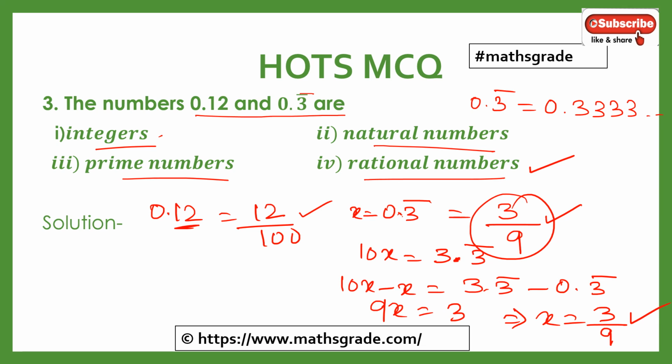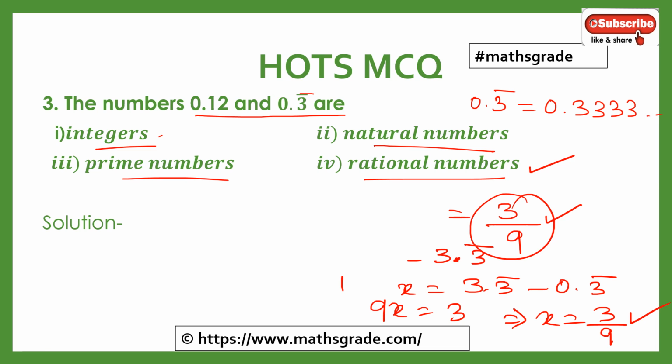They are not natural numbers either, and they are not prime numbers. So 0.12 and 0.3 bar are rational numbers. So our answer is the fourth option, rational number.